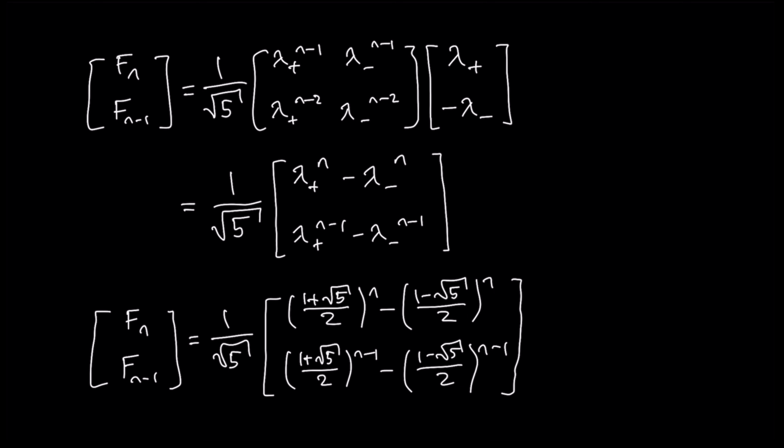And that is actually it, because if we look at our top element and our top element with that scalar out the front, that is the equation we're looking for.